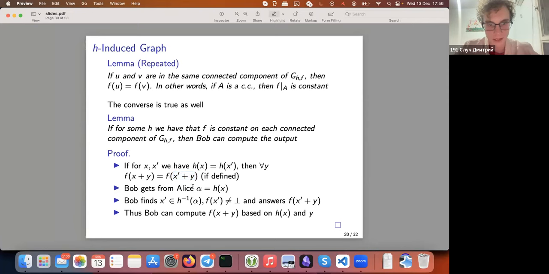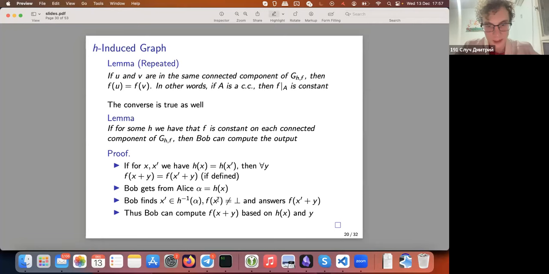Bob gets from Alice some string alpha, which is computed as h of x, and then Bob can find some x prime in the pre-image of alpha. And he selects such x prime that F is defined on this value, if he can.